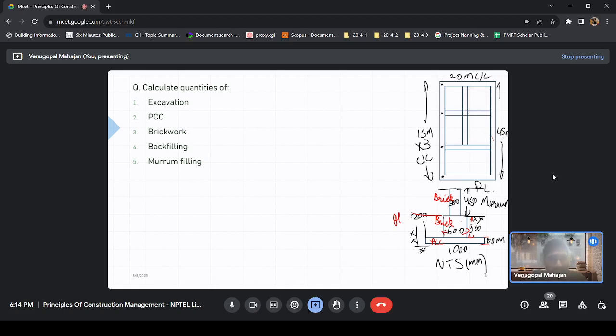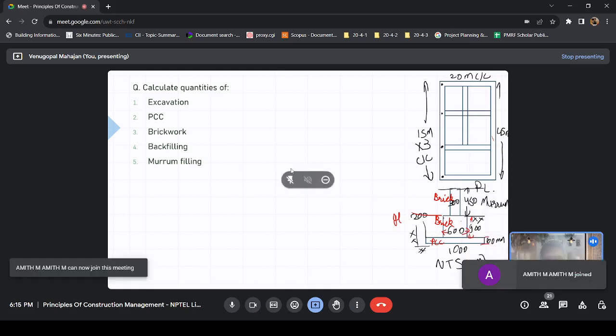Anybody who would like to tell me what should be the first step right now? If the drawing is not clear, the first step could be to redraw and create a proper drawing first. Yes, it could also be.